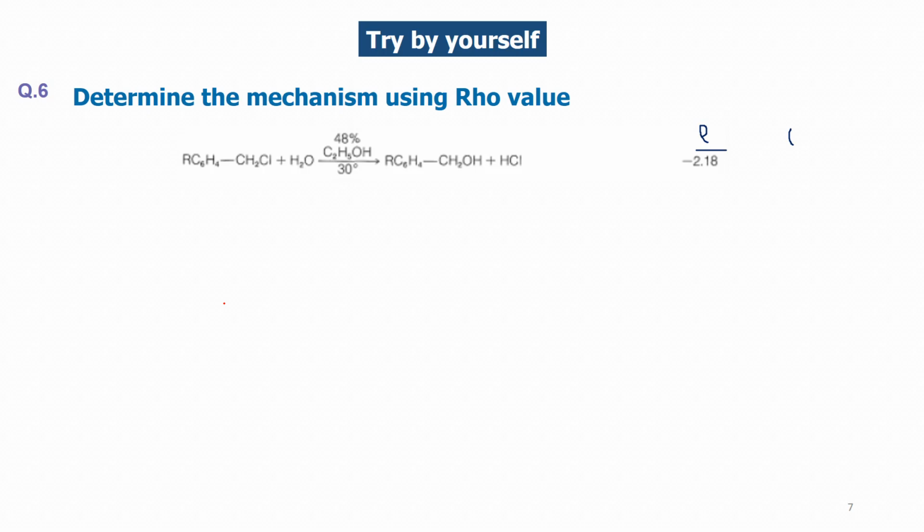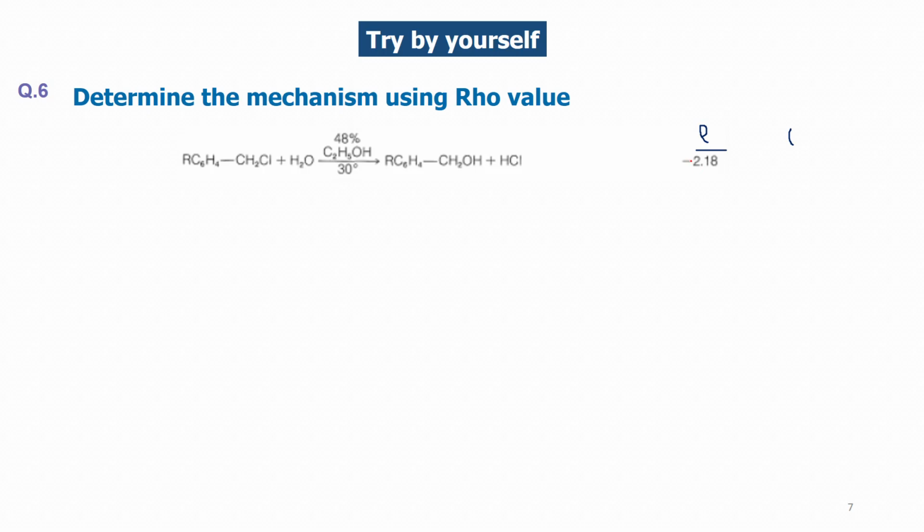From the slope of the graph you get rho, and from the value of rho you can determine the mechanism. So here is one question I gave you to try by yourself. Let's solve that one first, then we will commence today's class. Here one reaction is given and the rho value is also given.